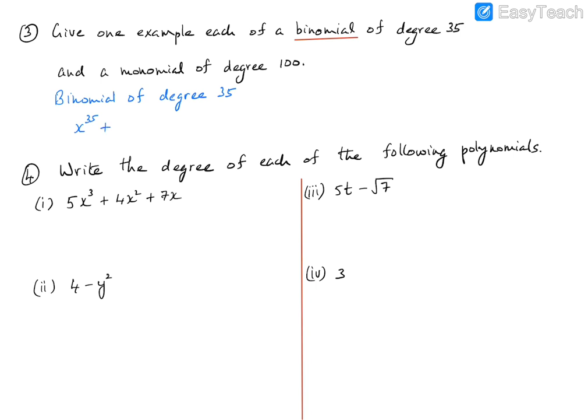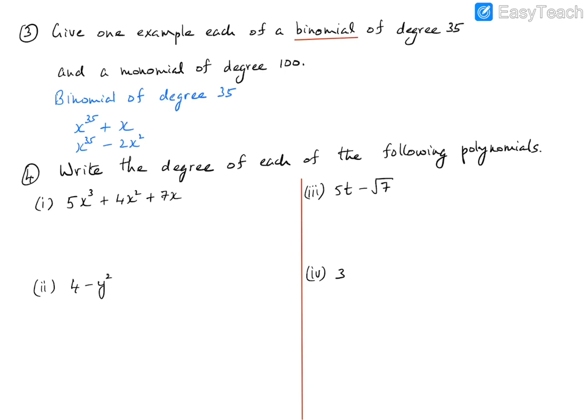We can put plus or minus, whatever we want, and put another term whose exponent or power is less than 35, anything from 34 to 0. So we can just put a constant, x power 35 plus 5, or just plus x, whatever, right? That's one example. Or we could have put x power 35 minus 2x squared, or x power 35 minus 45, whatever.